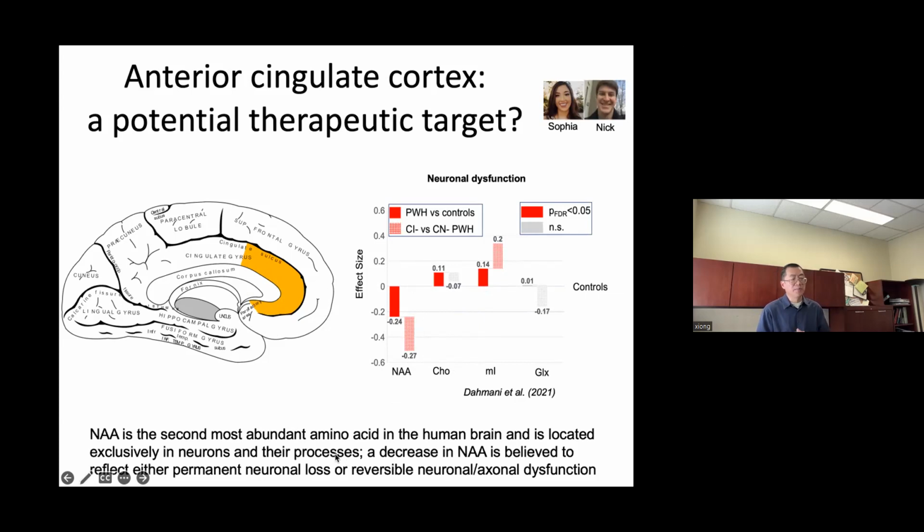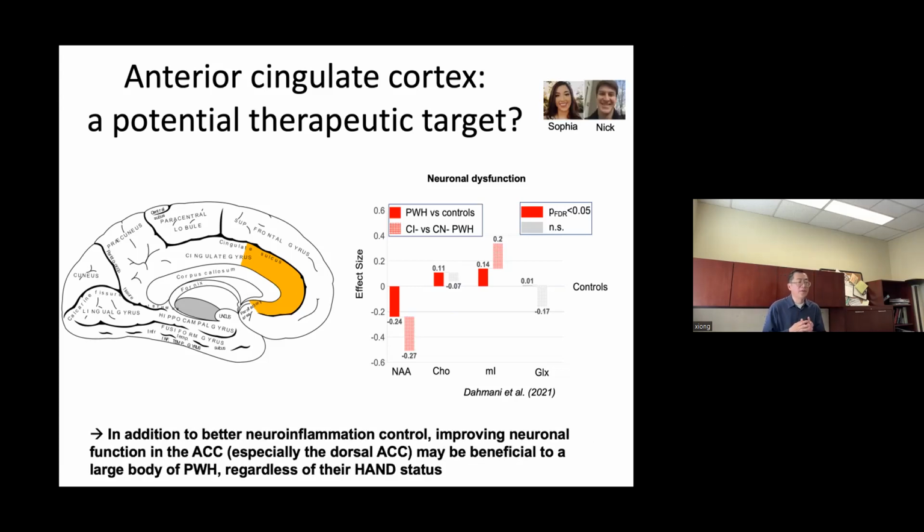NAA, of course, is a neuronal marker, suggesting NAA reduction might be a marker for neural dysfunction. So in addition to controlling neural inflammation, if we can improve neural function, we might be able to help them improve their function. But which brain region should we target? We chose the ACC because we think it is one of the most commonly affected regions. Even with a highly diverse population, for many of them the ACC might be affected. That's why I focus on the ACC in this treatment study.